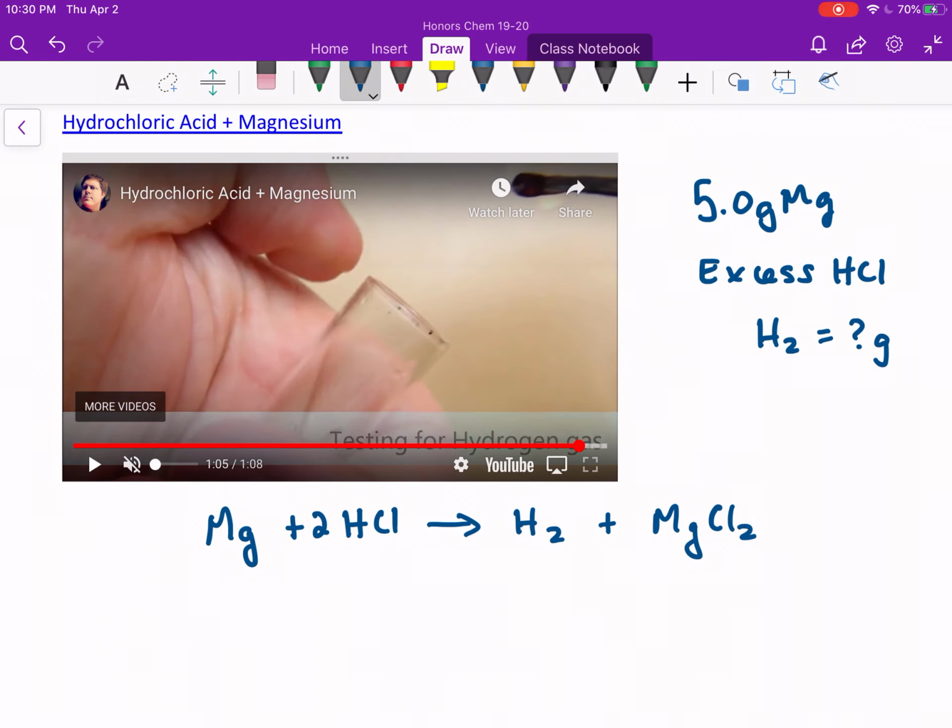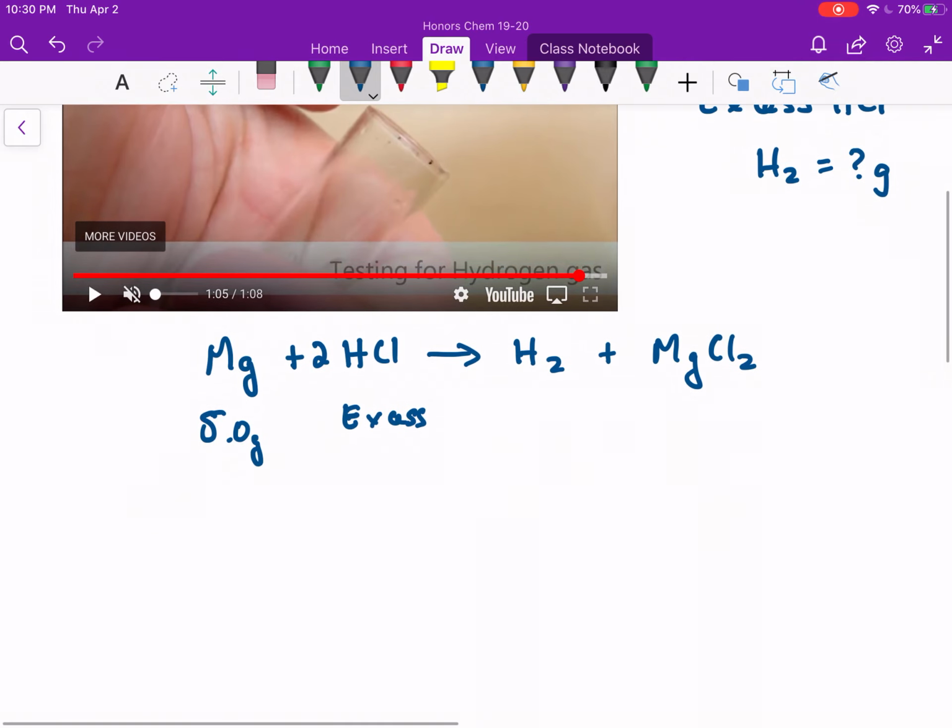So now what we know is that we have 5.0 grams of this, and this is in excess. And so really the amount of hydrogen gas that we're able to form is going to be dependent solely on the magnesium because we have a finite amount of that magnesium. It is our limiting reactant.